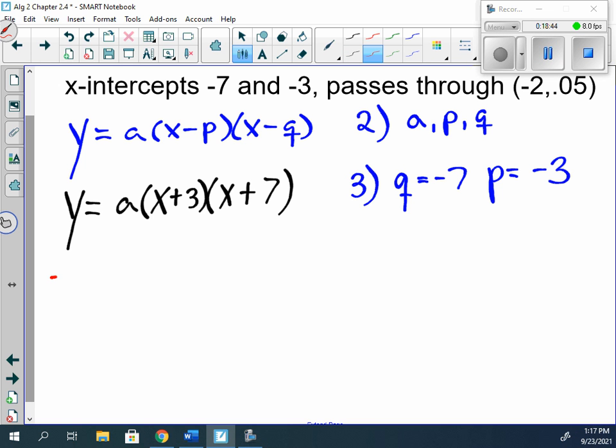So the value of y is 0.05 equals a parentheses -2 plus 3 times -2 plus 7. Now here there happen to be two spots where there was an x, so we plugged them in both spots. And the y value is 0.05.